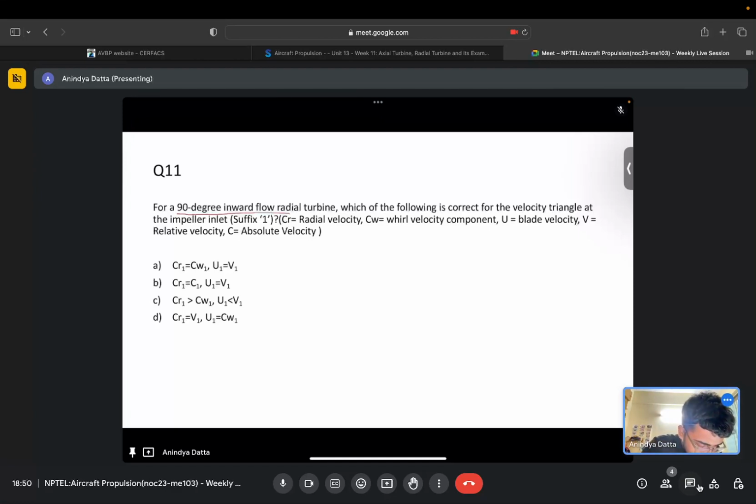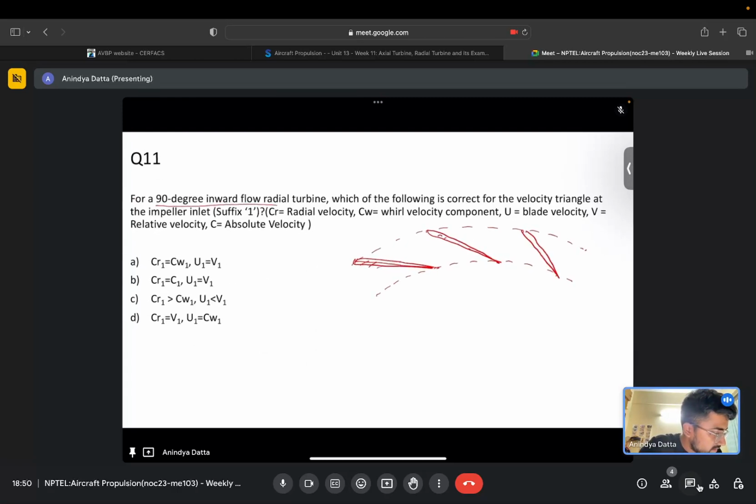So what does it say? Look at this. First we have the nozzle blades like this. See how I have drawn it, the flow area is converging here. So these are the nozzle ring.